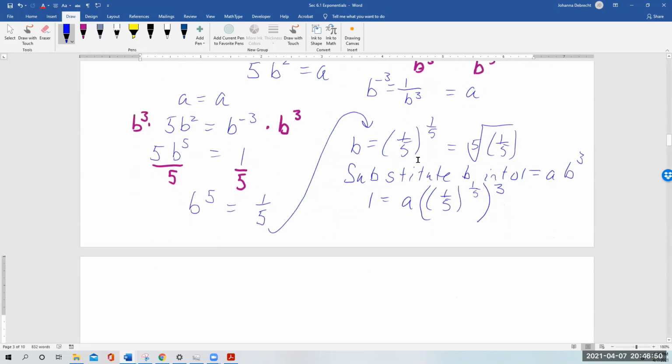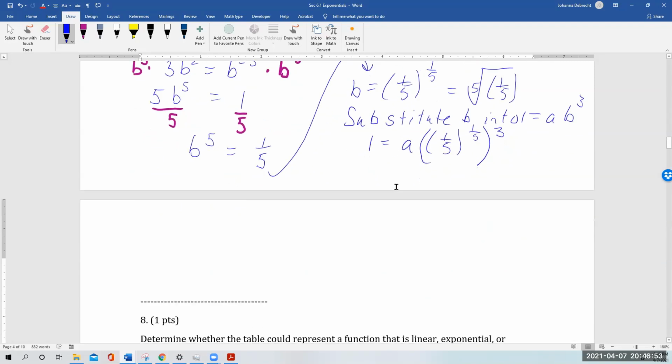This then tells me, moving down to the next page where I've got a little bit more room, that 1 is equal to 1/5 with the A on the outside, and the 1/5 is raised to the 3/5 power. Now, how can I find the solution for A?